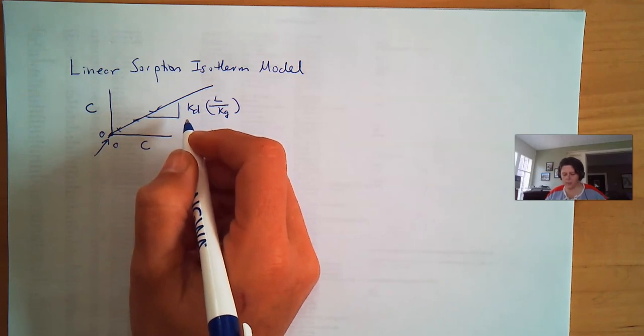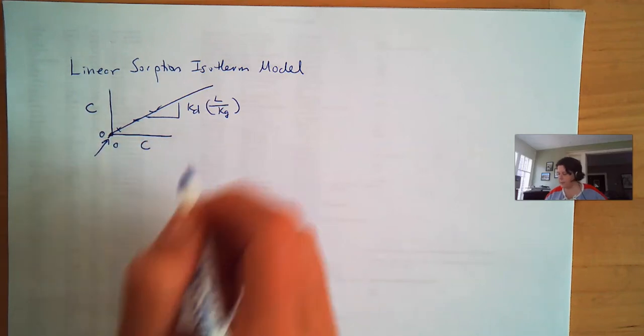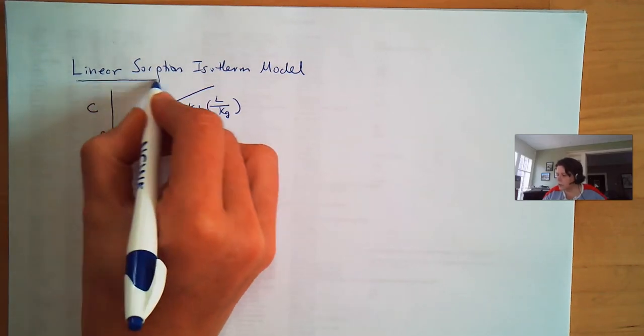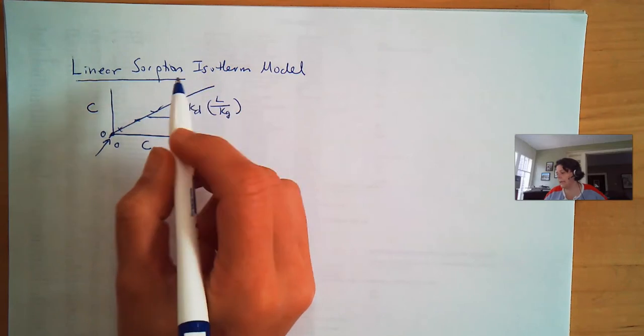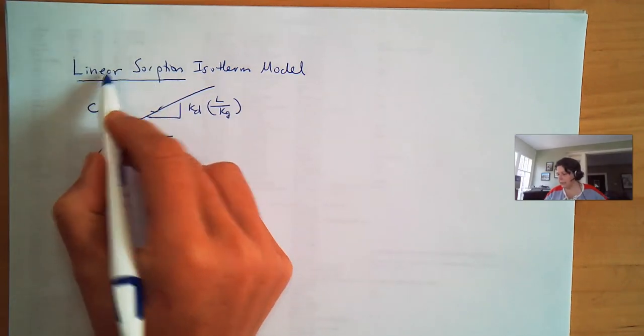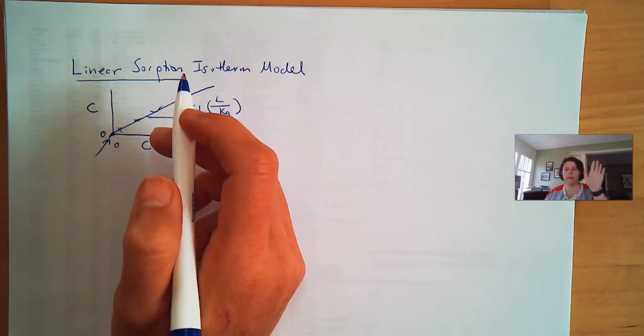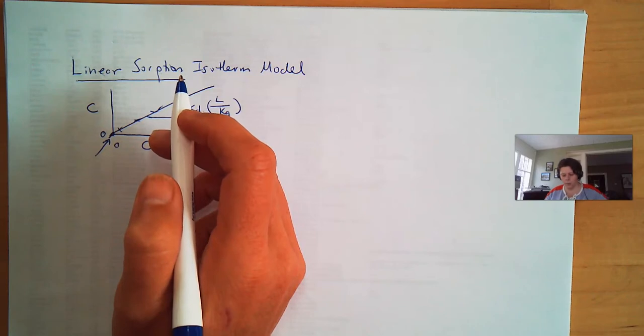If the experimental data can be fit to a straight line passing through the origin, this is called linear absorption. We're going to get into some other ones, Langmuir and others, in just a second.